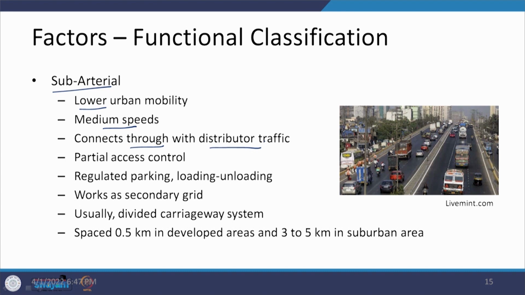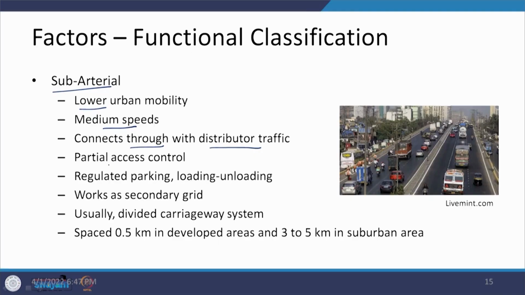So it works as a liaison between the highest-level facility and a facility at a lower level. Partial access control is another aspect here, in terms of parking, loading and unloading, which needs to be regulated on these roads.